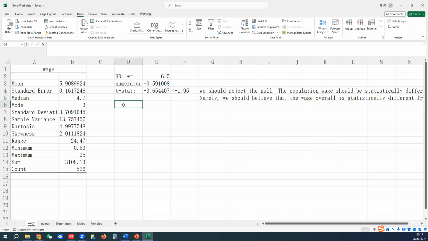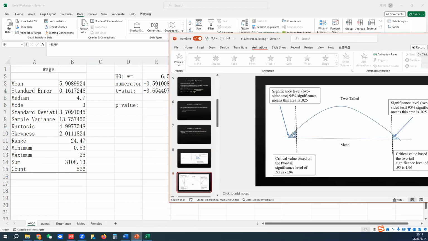And then let's look at the p-value. Here we're going to use the t-distribution. What we are doing is seeing, what is the area of the tail when the t-stat equals 3.65? What is the shaded area?